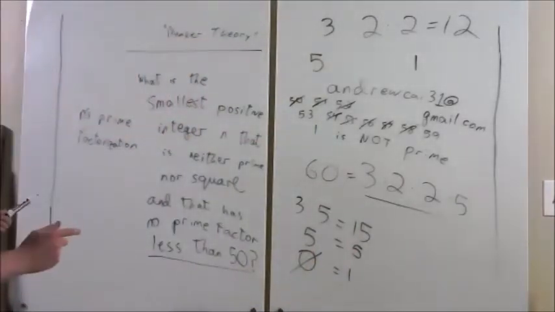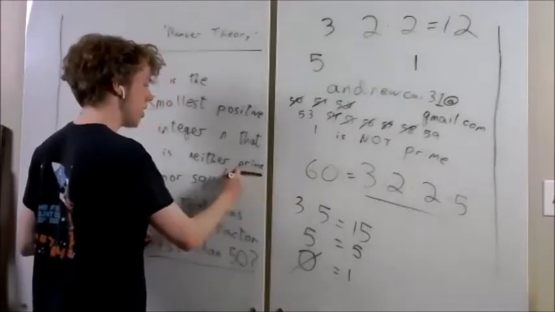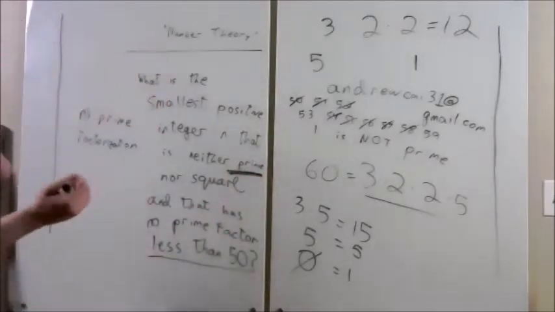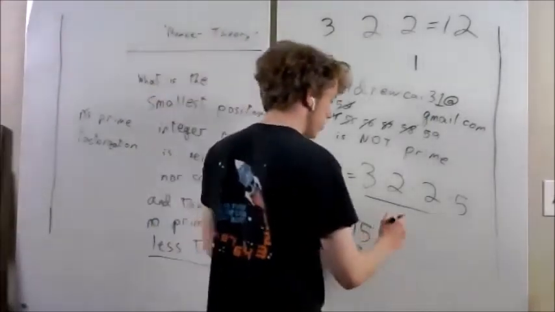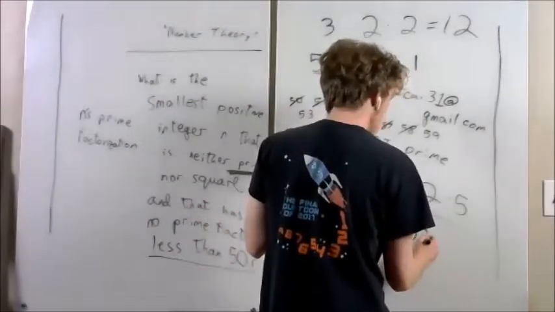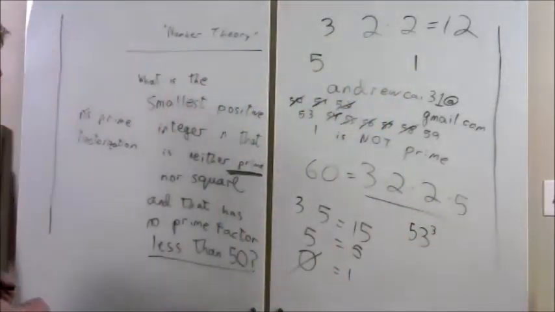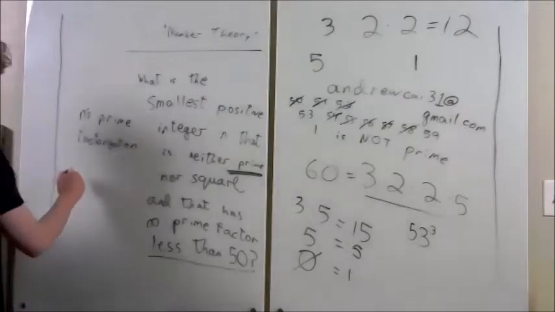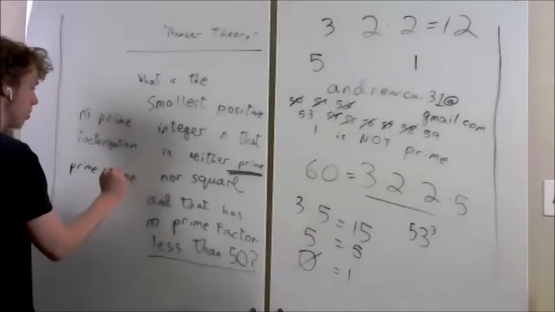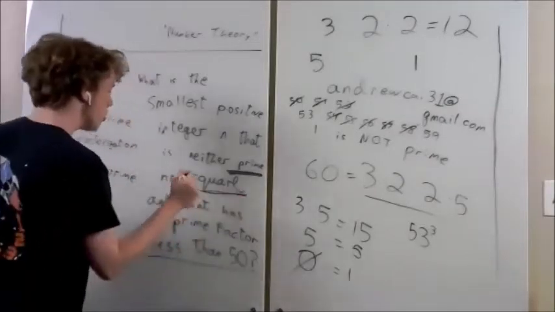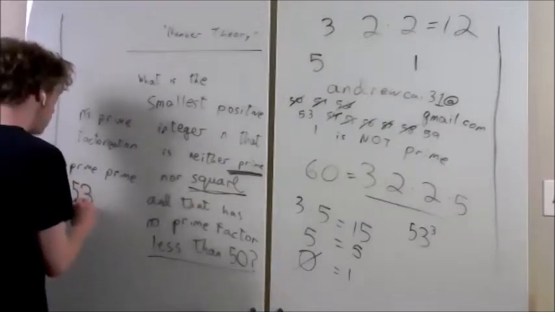It has to be at least 2, or it could be 3 or more. But if you wanted to have 3 or more, it would be at least 53 cubed, which is a very big number, so keep that in mind. Or you could just have 2 prime numbers. If it's the same prime number, then it would be a square, which is also bad. So it would have to be 2 different prime numbers, which is at least 53 times 59.